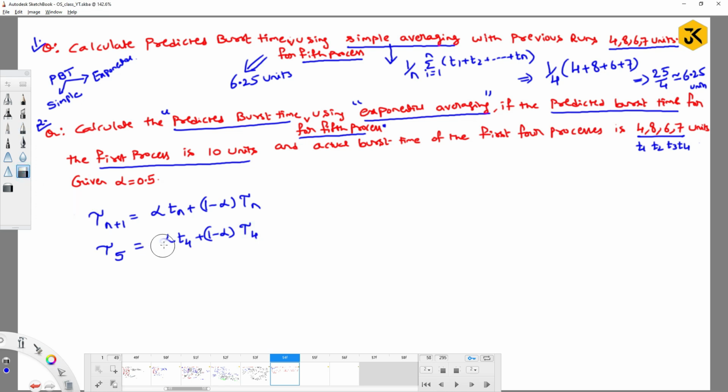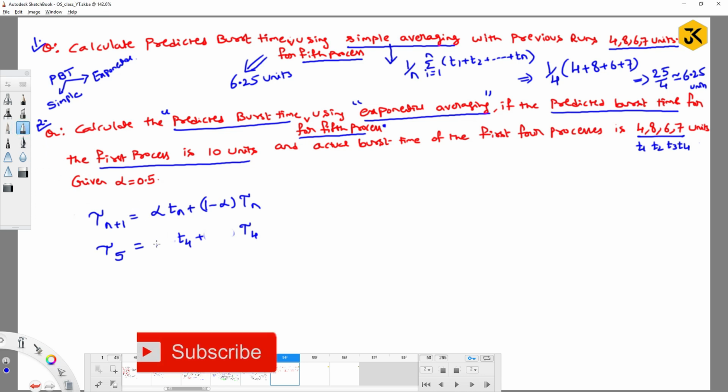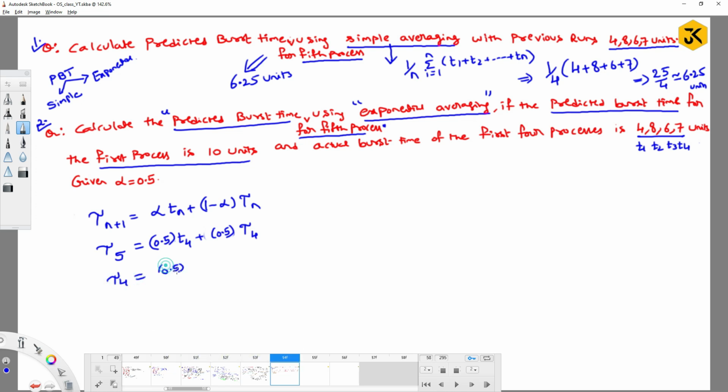Can we substitute alpha directly? Yes. The alpha value they have given is 0.5, so 1 minus alpha is 0.5. You can substitute the way you want. Next, go with tau 4: 0.5 into t3 plus 0.5 into tau 3. What is tau 3? I can take the common 0.5 instead of writing 0.5 every time: 0.5 into t2 plus tau 2.